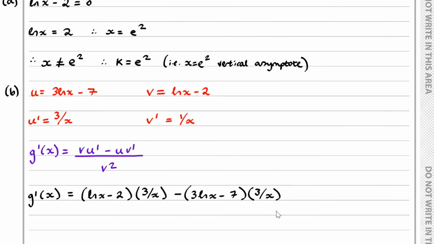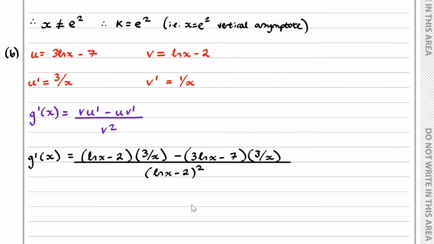And on the bottom we've got v squared, the natural log of x minus 2 all squared. So if we expand on the top, 3 over x times the natural log of x, that's just 3 ln x over x, minus 2 times 3 over x, that's minus 6 over x.